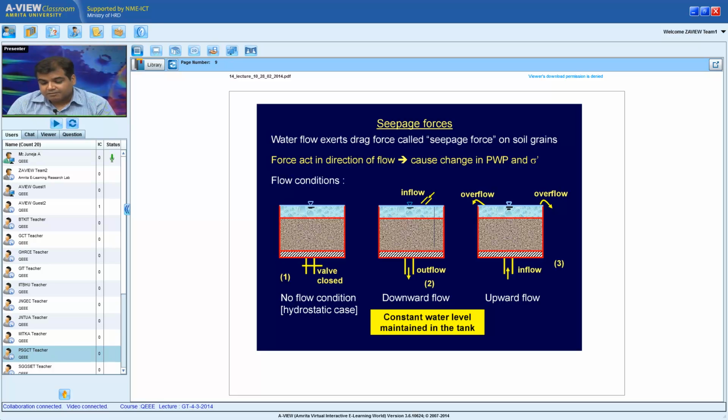In fact, upward flow would cause the effective stress to decrease, and the strength of the soil decreases. Downward flow causes the pore water pressure to decrease, and a decrease in pore water pressure would cause an increase in effective stress. That is why the middle cartoon is effectively used for consolidating ground, for preparation of ground.